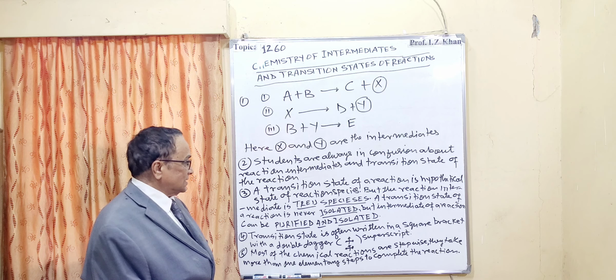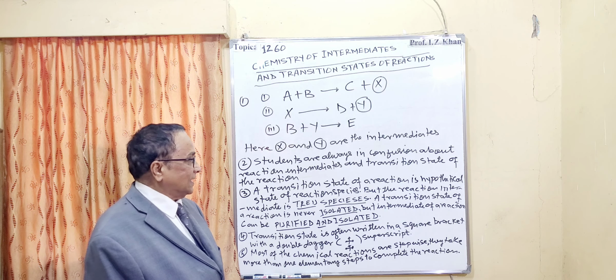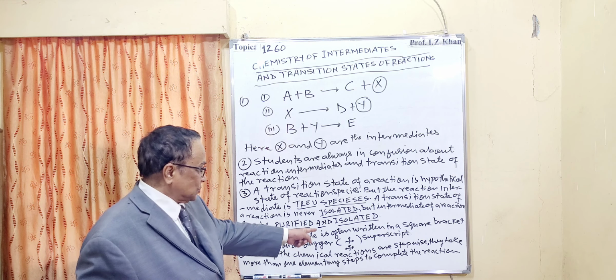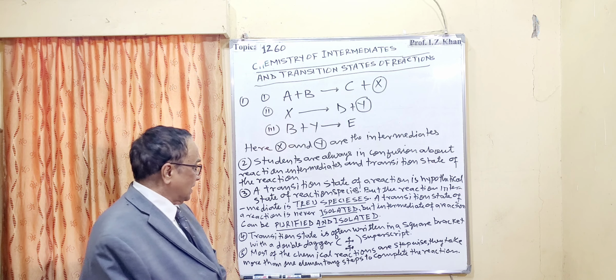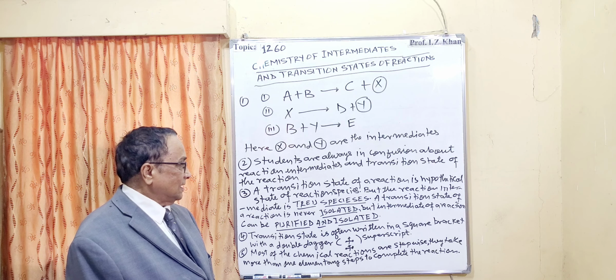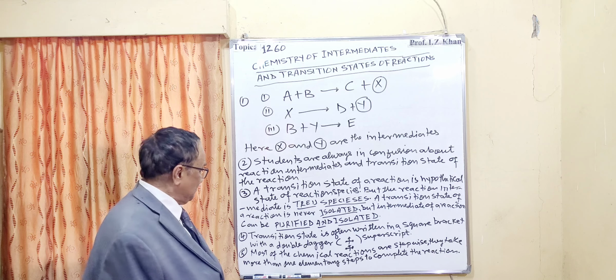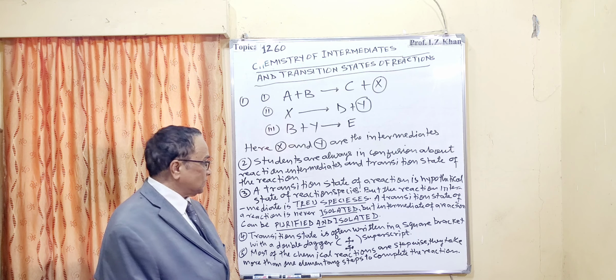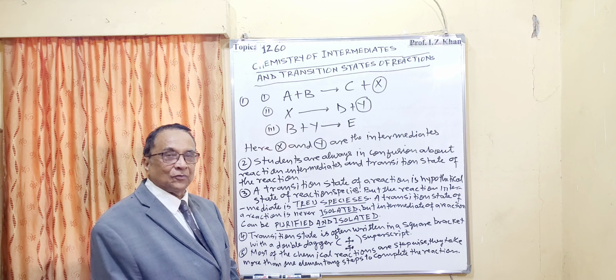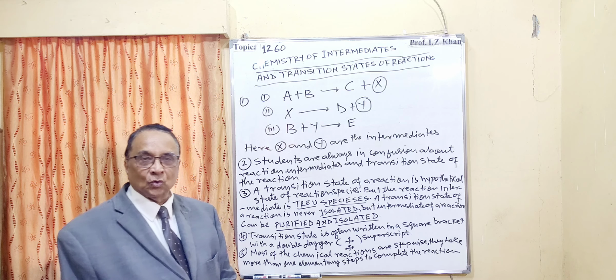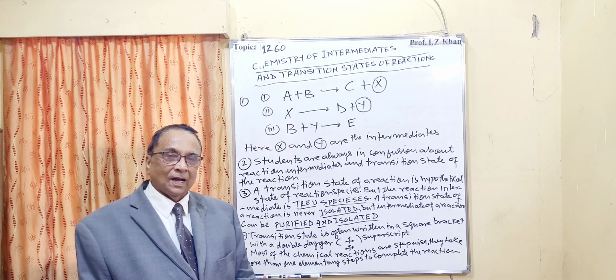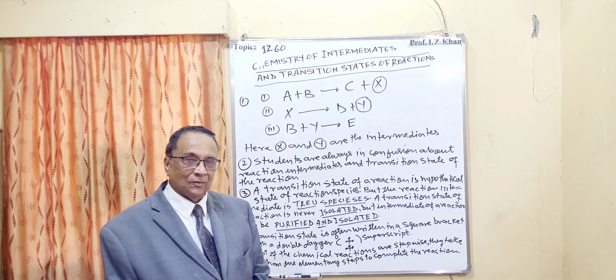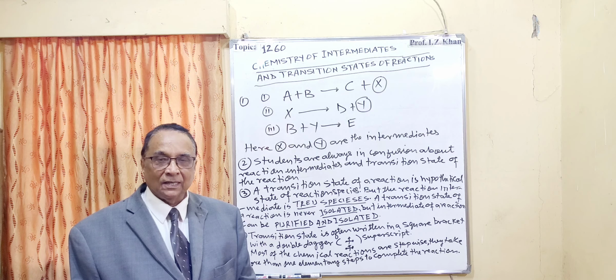Number 4, the transition state is often written in a square bracket. It is shown here with a double dagger superscript. Number 5, most chemical reactions follow more than one or two elementary steps, and we can get the product after 2-3 steps.